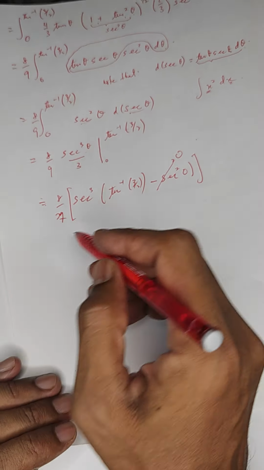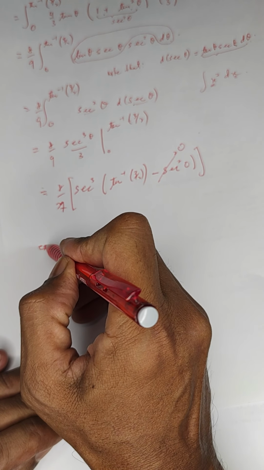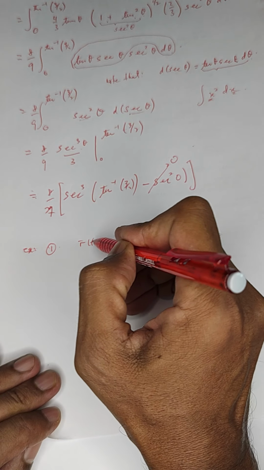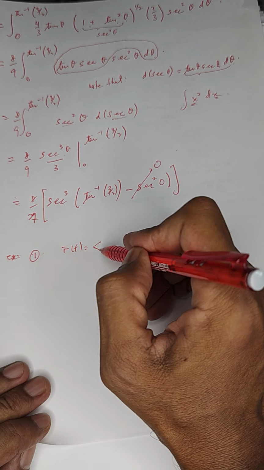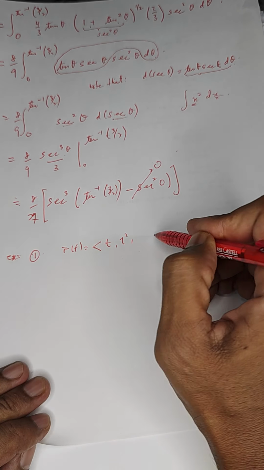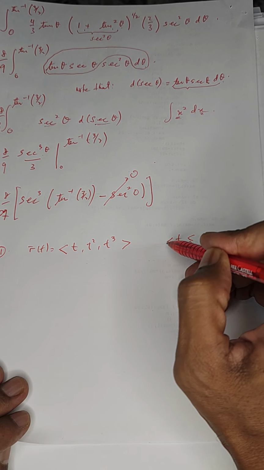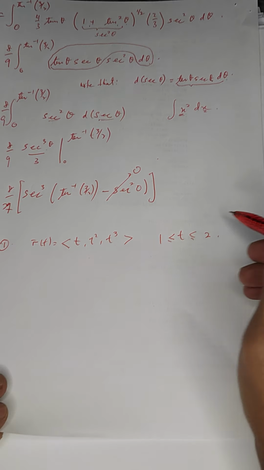Now let's consider, I gave you this as an exercise. Number 1: r(t) is t, t squared, t cubed, where t is from 1 to 2.